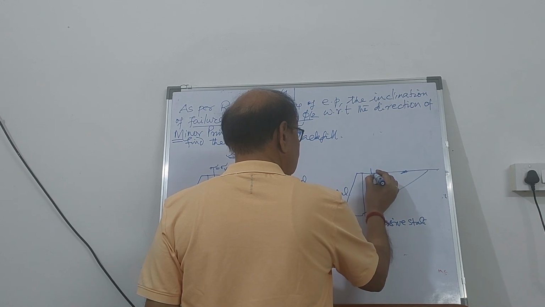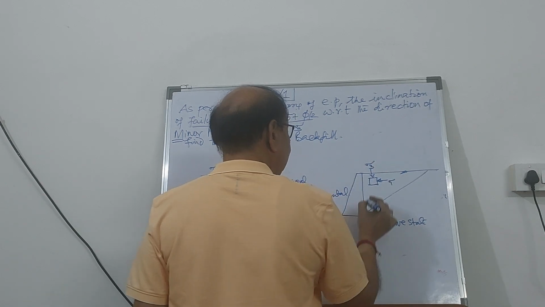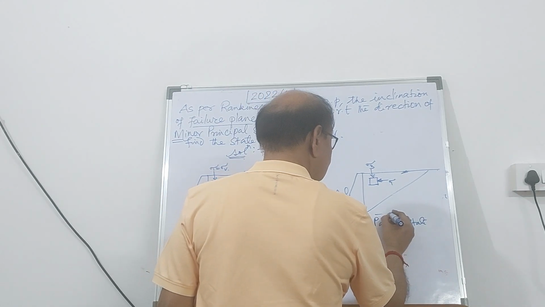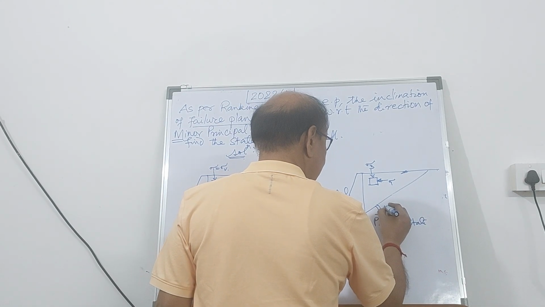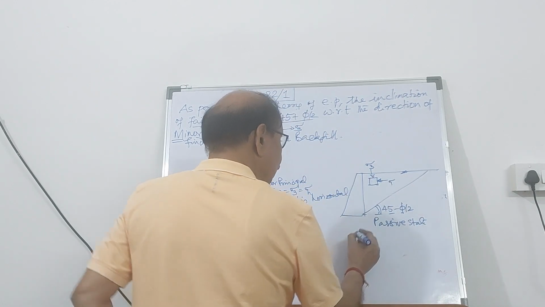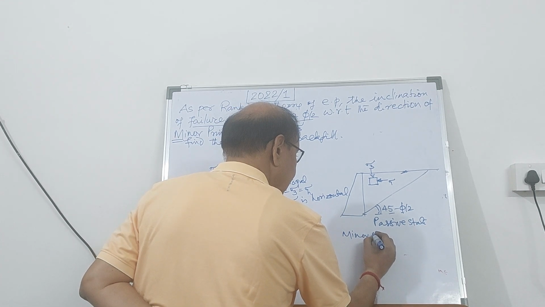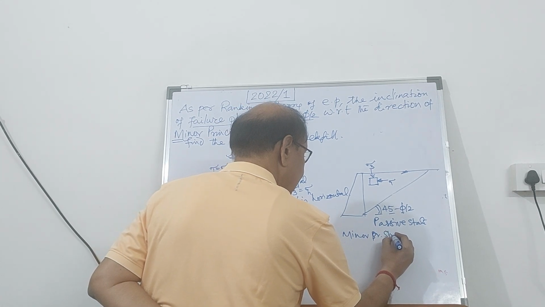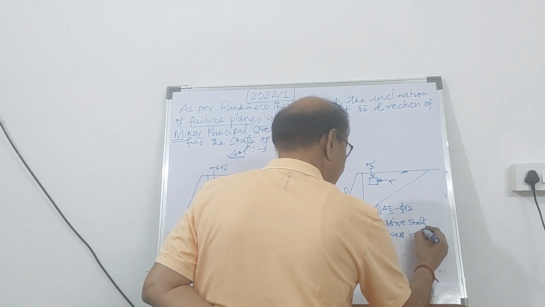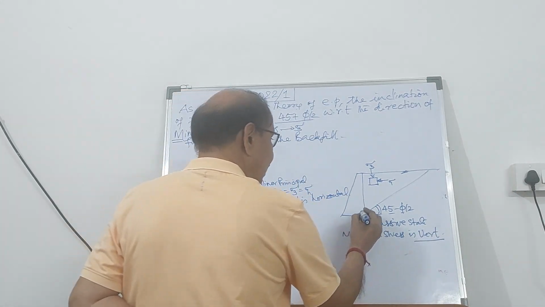And the downward pressure on the soil element is going to be minor. So with the minor, now this angle is going to be 45 minus phi by 2. Now sigma 3 here, the minor principal stress, is vertical. So with the vertical, what is this angle?